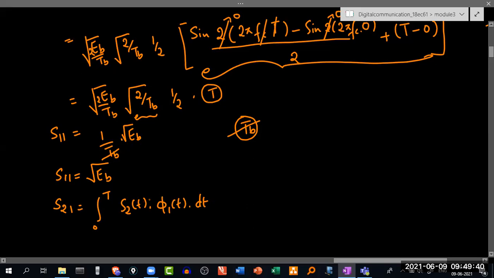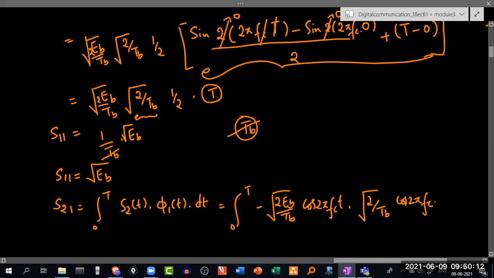So all you have to do is substitute the value for signal S2 of t, which is minus square root of 2 times EB by TB into cos 2 pi FCT, into phi 1, which is square root of 2 by TB cos 2 pi FCT.